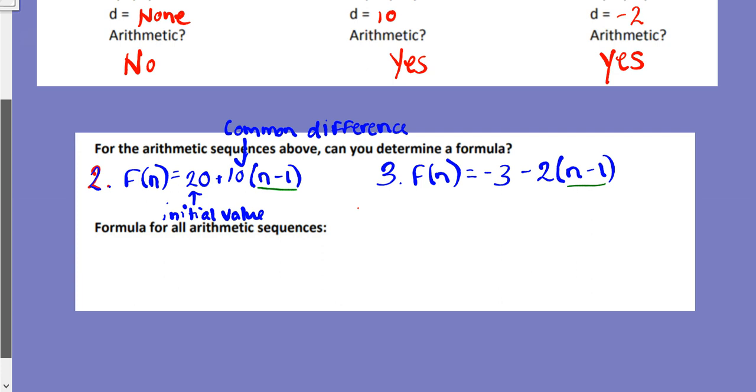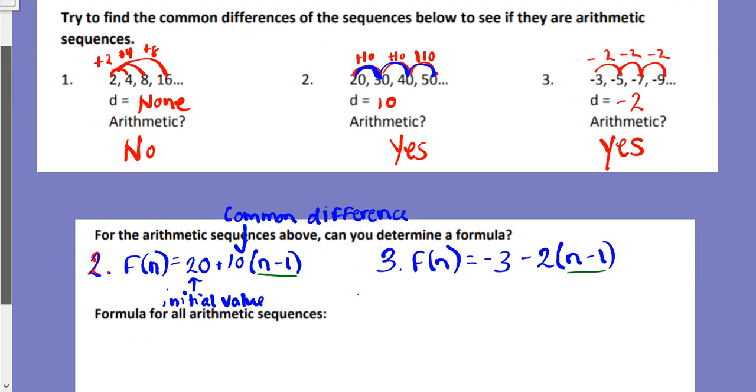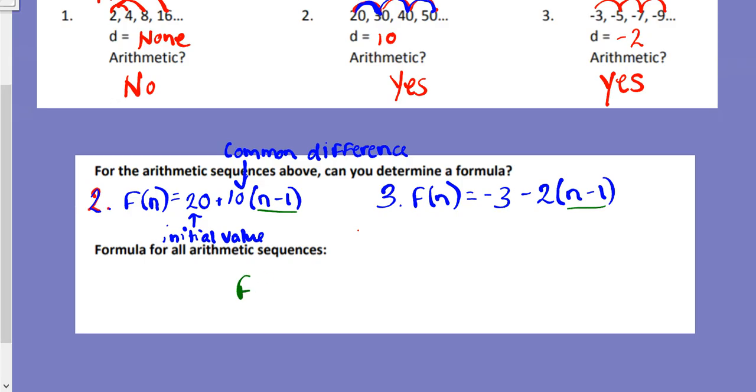So our formula for all arithmetic sequences would be f of n equals my first term, f of 1, plus d times my term number minus 1.